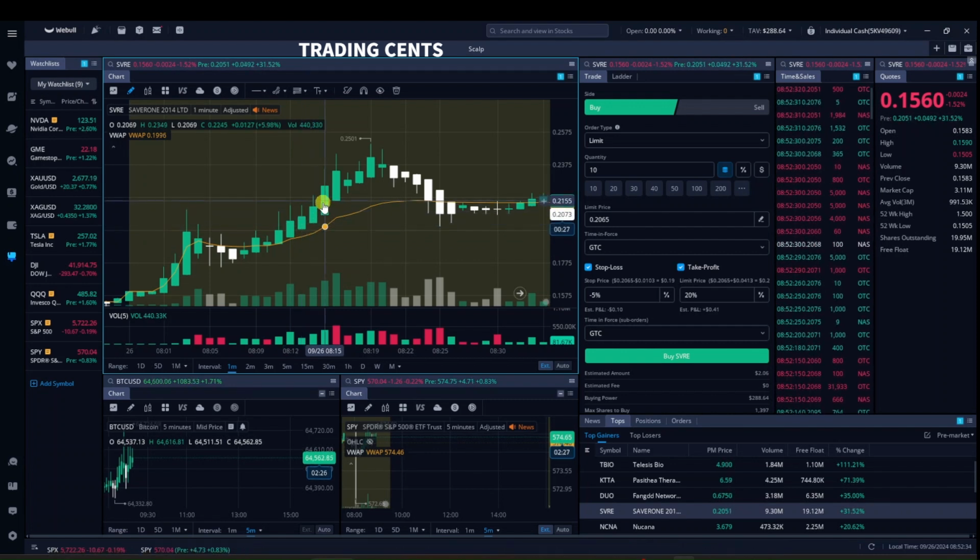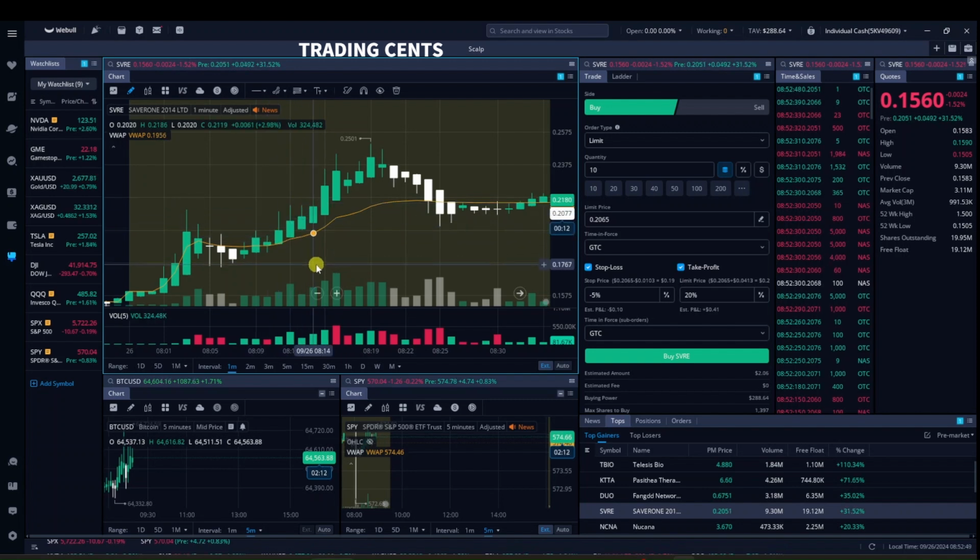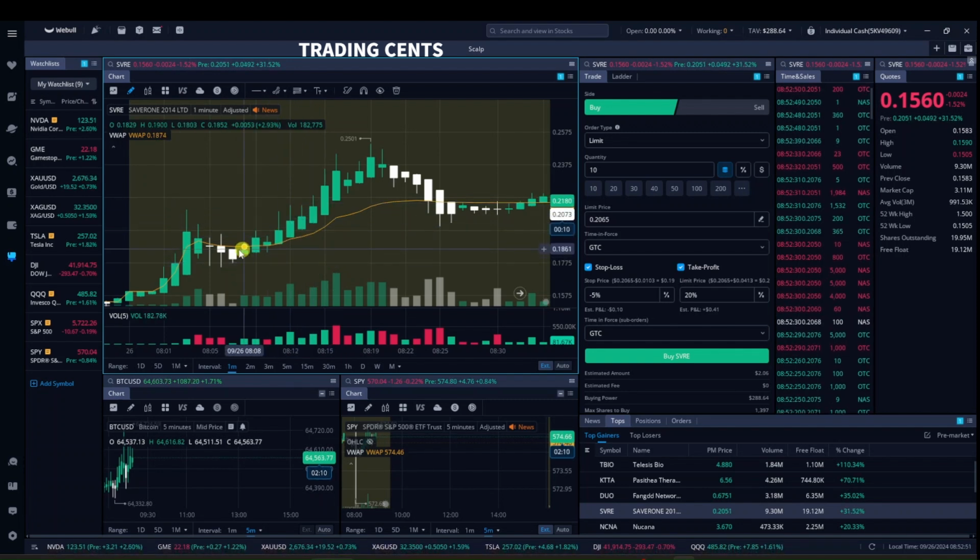Honestly, I'm probably not going to get into this till out in here. I'm going to let all these candles happen first, just to show me that this move has a good chance of continuing and is a real move. It's not just a couple of candles and it's going to roll right over like it has back here.